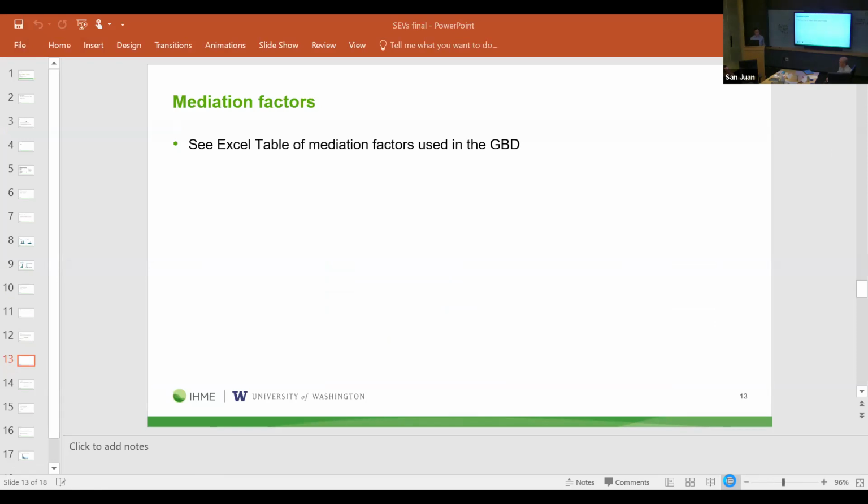So right now, there's no mediation. We had lots of debates about this. Seems unlikely that some of it's not through blood pressure. And the problem is because of the source of the relative risks, there's no risk factor information in the vital registration system data that we're using. So we can't look at that mediation analysis within the same data set for which we're deriving the outcome.